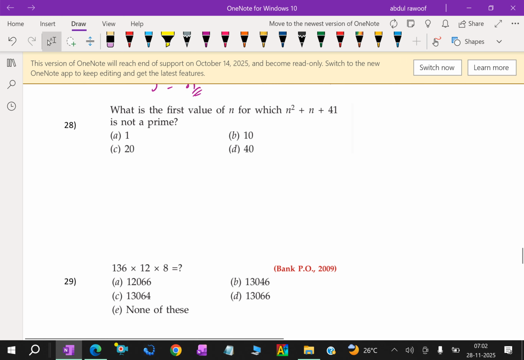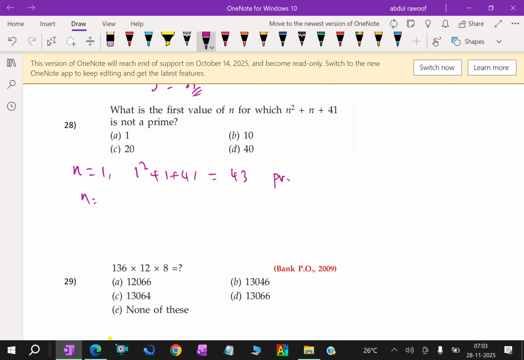Your next question. What is the first value of n for which n squared plus n plus 41 is not a prime? Suppose we substitute n equal to 1. That is 1 squared plus 1 plus 41 equals 43, which is a prime.